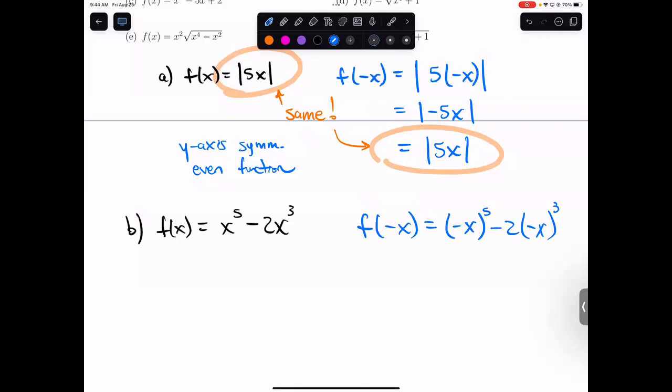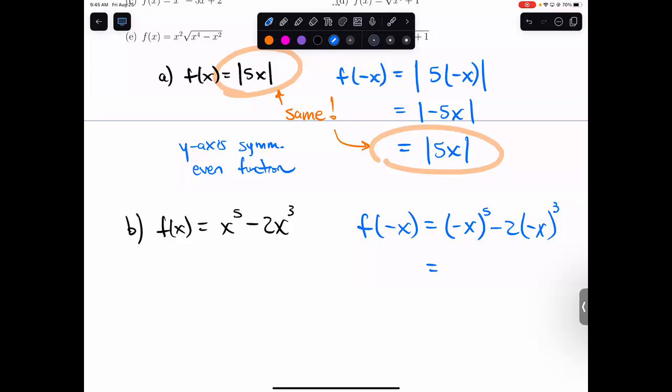Now, work on simplifying. What can we do here? Negative x, the whole thing, raised to the fifth becomes negative x to the fifth, right? We get to move the emphasis, because fifth means 5 copies of them. So what happens to the negatives?